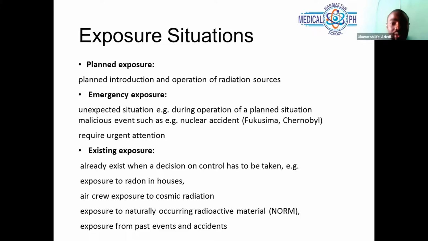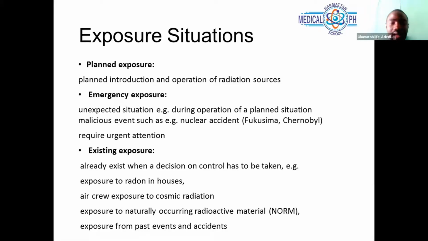Exposures may also be emergency, which are unexpected situations. For example, we could have a nuclear accident, such as the Fukushima accident, Chernobyl, and so on. So these kinds of situations are unplanned, and despite the unplanned situations, health physicists have to intervene, and those kinds of exposure situations require urgent attention.